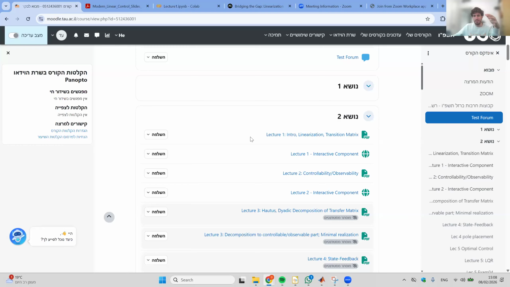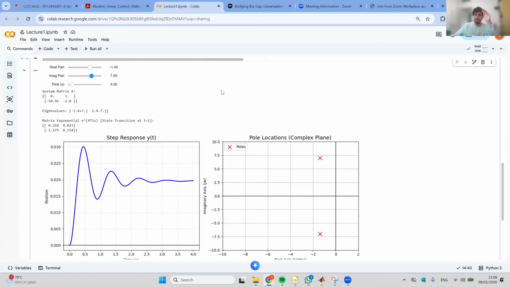Almost every lecture will be accompanied by an interactive component. The point of the interactive component is to help you understand better everything we do in this session, or sometimes things we do in the lectures. So for today, I want to speak about stability of systems.